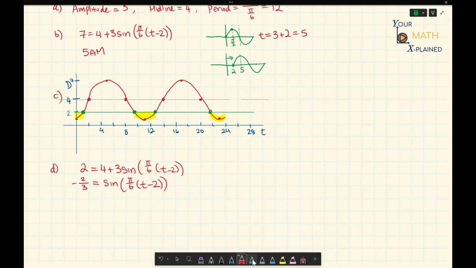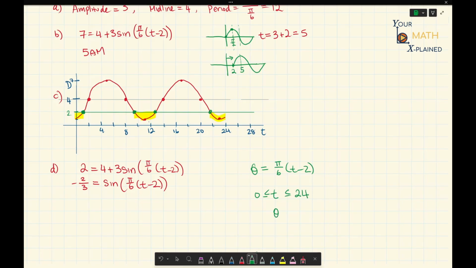So we're going to do a substitution here where we let theta be equal to everything inside the sine function, so the argument. So our theta here is pi over 6 times (t minus 2). Now, since t is in between 0 and 24, we're going to figure out what theta is in between.